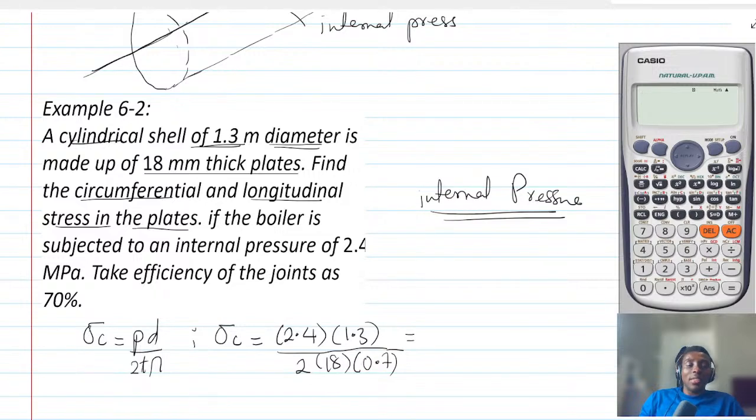If you do this, you get 2.4, 1.3, over 2 times 18 times 0.7.